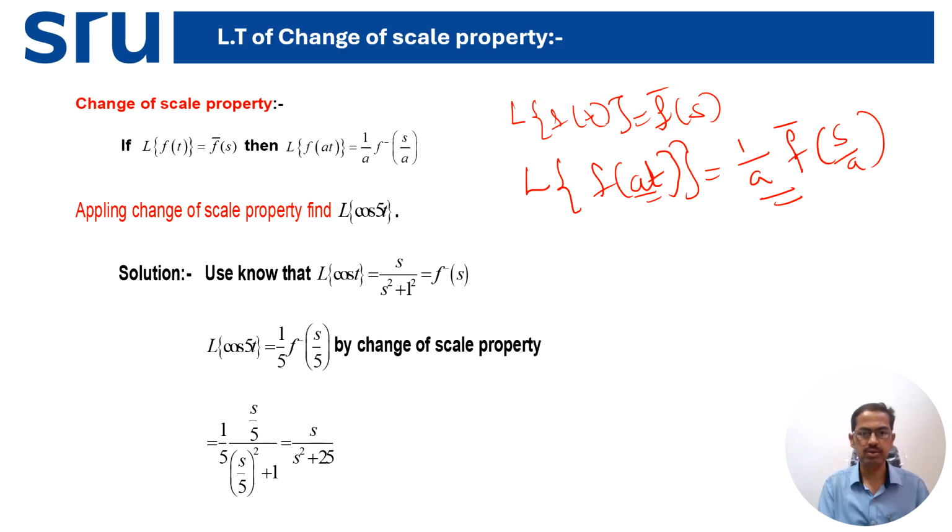S by s square plus 1 square, that is f bar of s. Now the Laplace transform of cos pi t, in place of t, cos pi t. So that is, by the change of scale property, 1 by pi into f bar of s by pi.